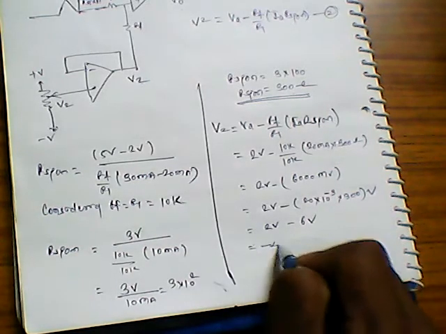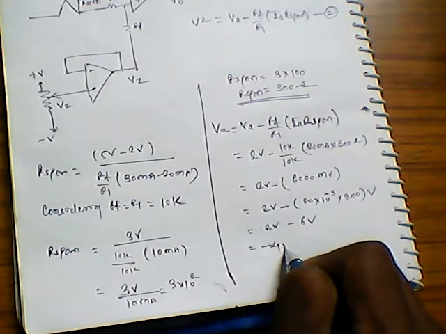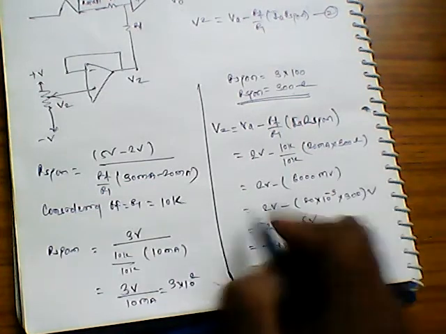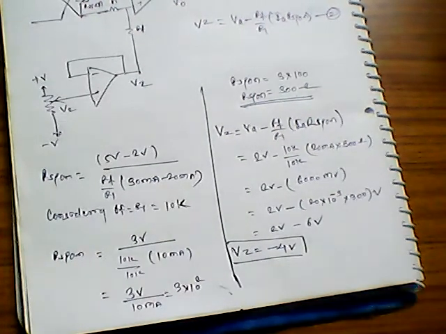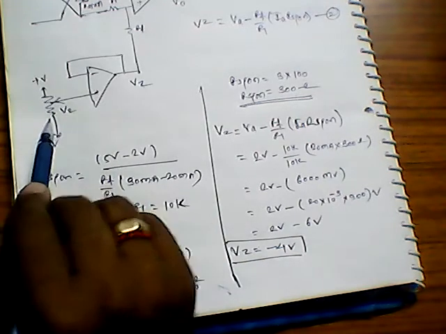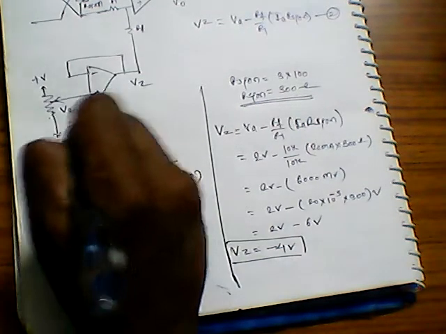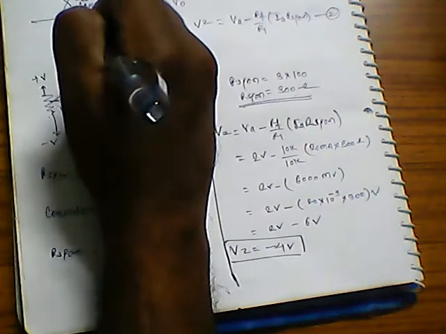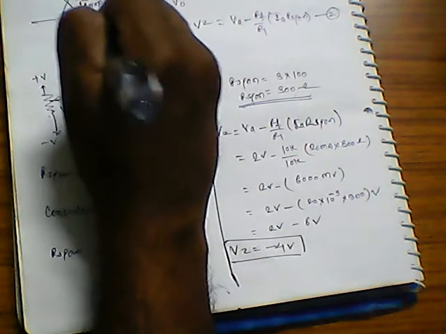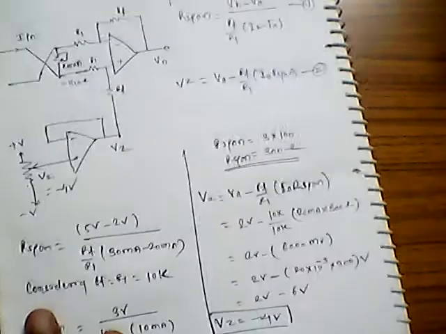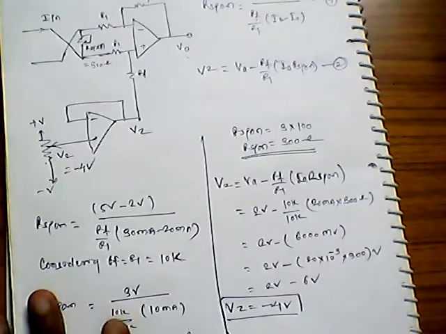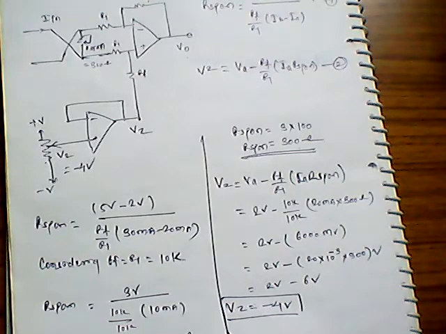Okay, so this is 2 minus 6, that is minus 4 volt. So we have calculated Vz is equal to minus 4 volt and R span is equal to 300 ohm. We can design this particular circuit.